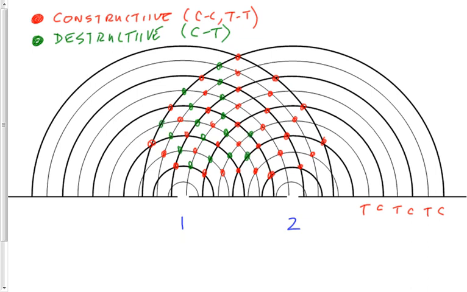Again, we're going to fill in all these intersection points where crests meet troughs. It's going to look something like this.